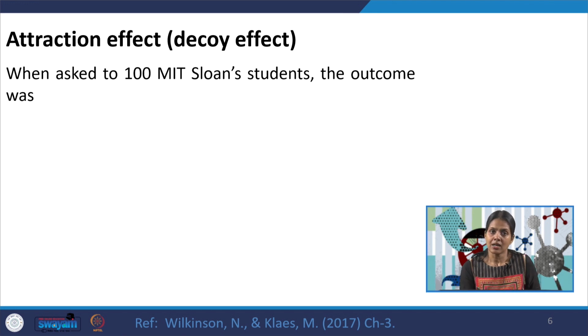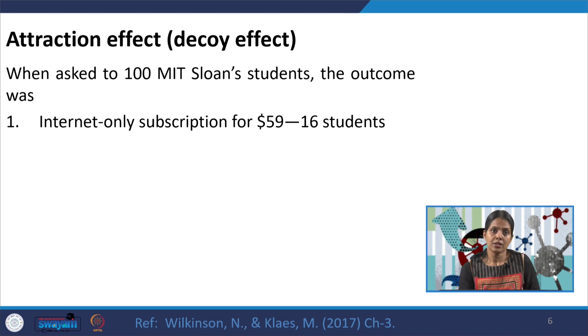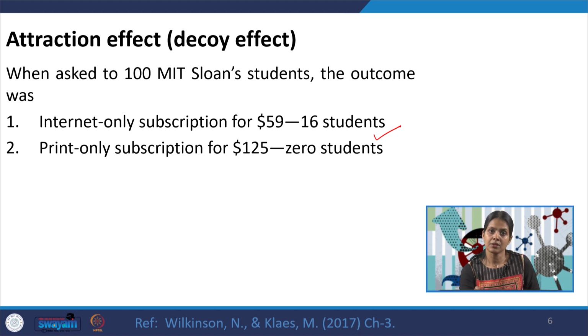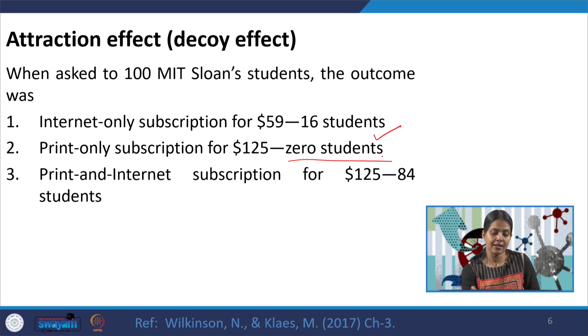When asked to 100 MIT Sloan students, the outcome was: internet only subscription for $59 was opted by 16 students, print only subscription for $125, 0 students, and 84 students for the third. So, you can straight away count the percentages. 84% went for print and internet subscription for $125.